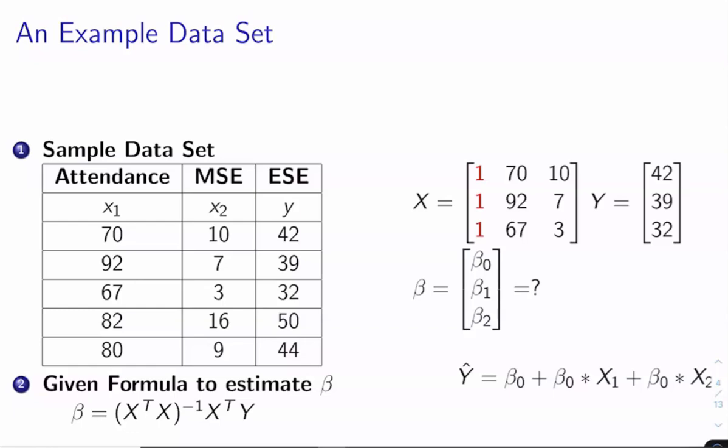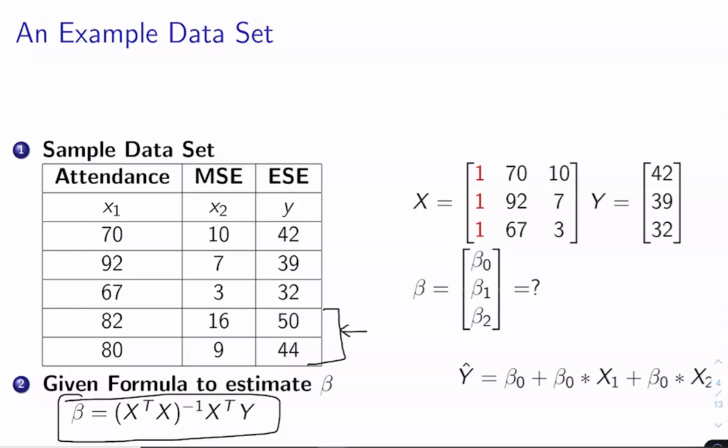So in order to demonstrate the application of this formula, for convenience, I am going to neglect the last two rows, in order to simplify the calculation.